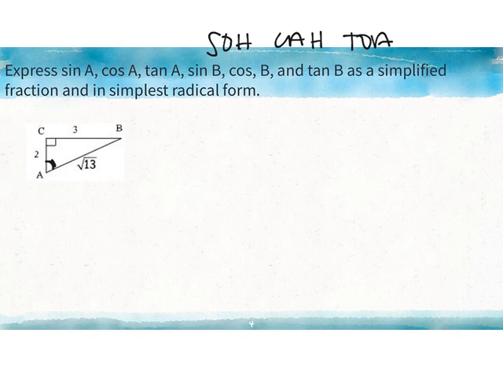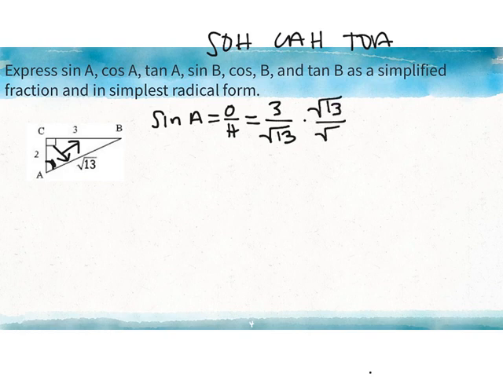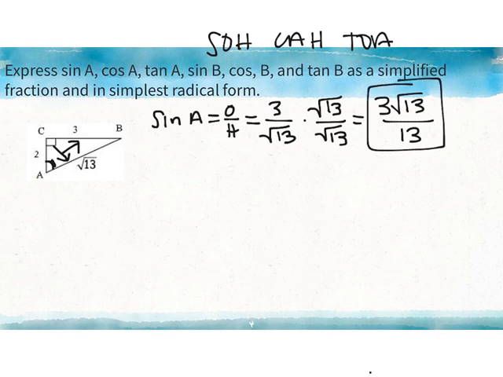So sine of A equals opposite over hypotenuse, which means I have my opposite side, which is 3, over the hypotenuse, which is directly across from that right angle. However, I have an irrational number in my denominator, so now I have to rationalize my denominator by multiplying by the square root of 13. So now I have 3 square root of 13 divided by 13. I cannot simplify that, so this is my sine of A.